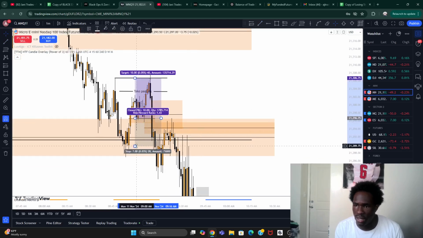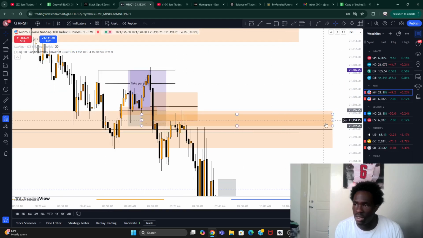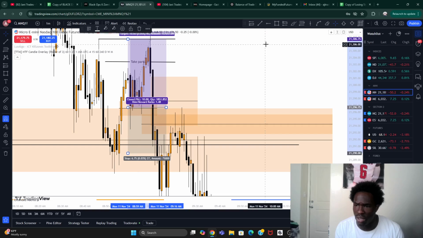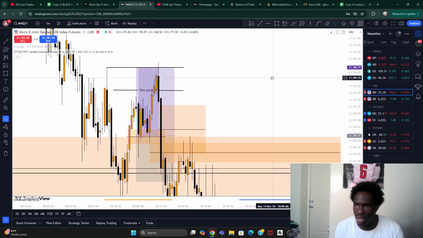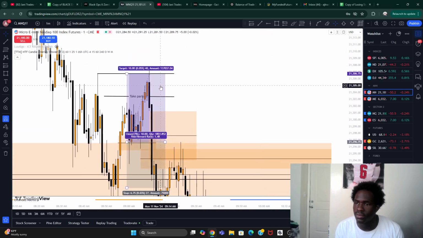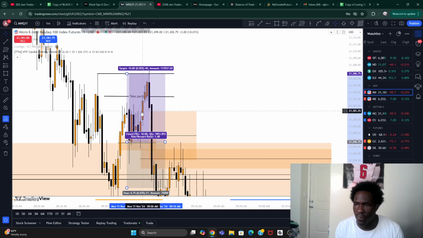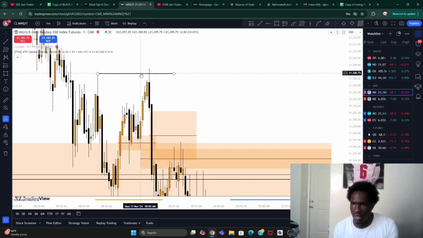Then I would have set my stops tighter to around here. That would have been a nice 1 to 2 with a tighter stop loss. But since this is the low, this would have been like a 1.5. I took my partials around here, but I just broke even on the trade.